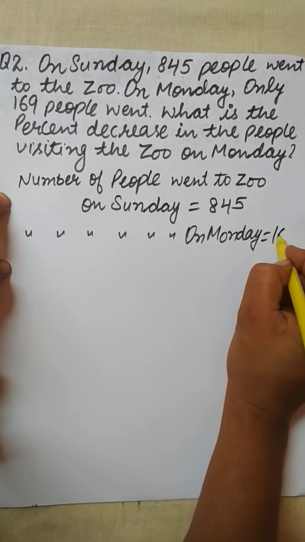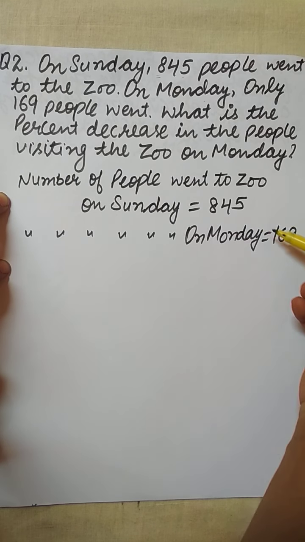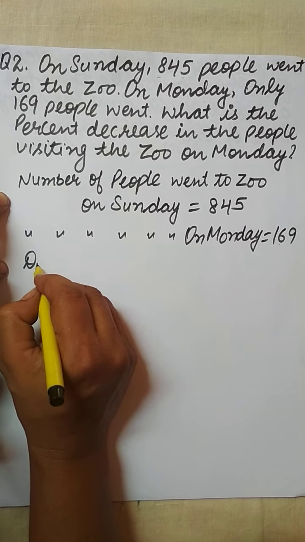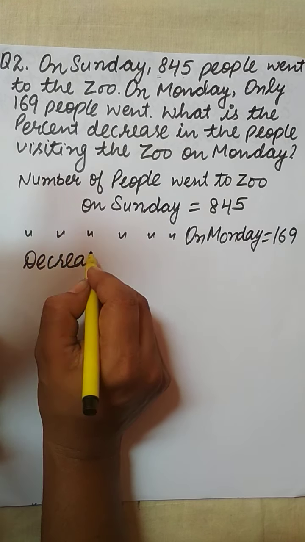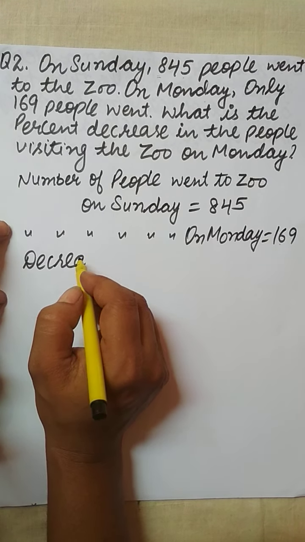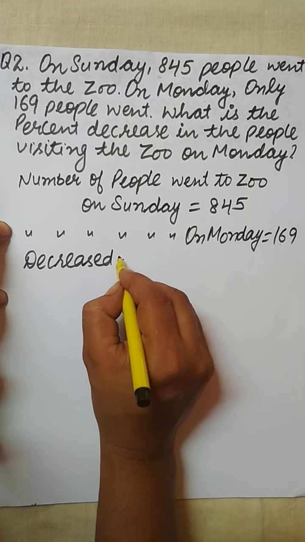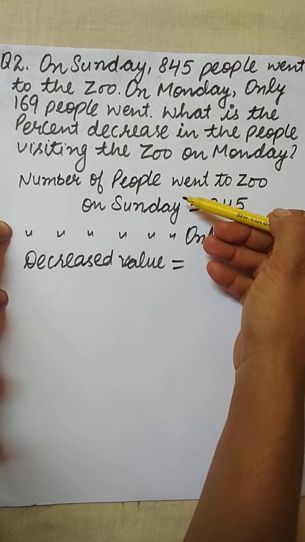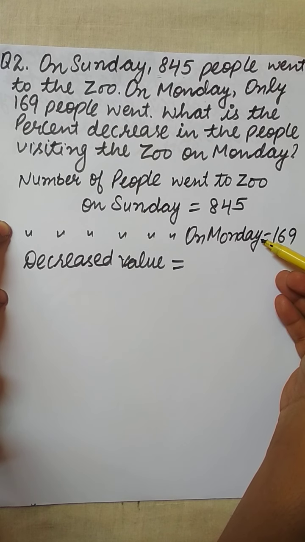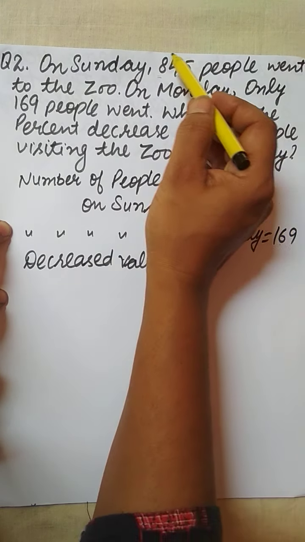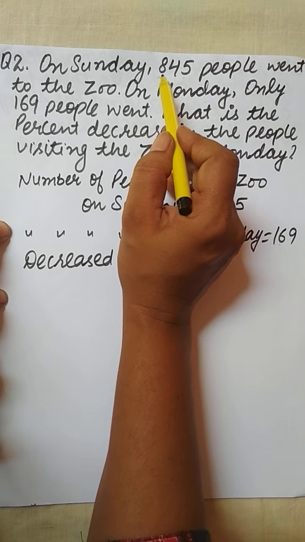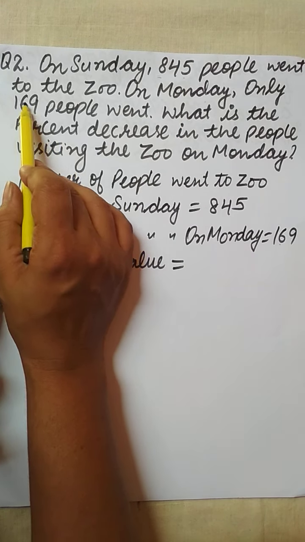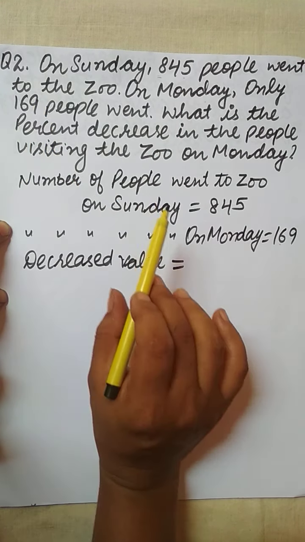This is 169. Now I have to calculate the decreased value, and decreased value is equal to original value minus new value. Original value is the people who went to the zoo on Sunday, and the new value is the people who went to the zoo on Monday.